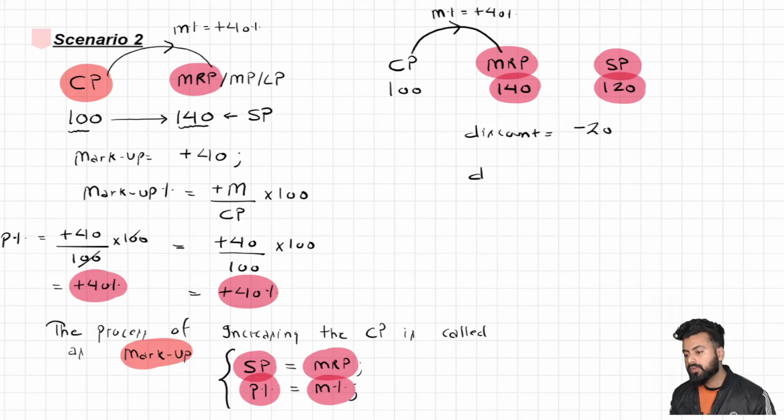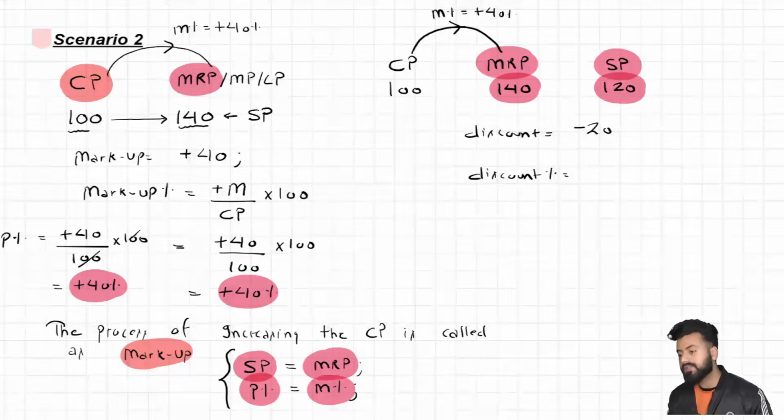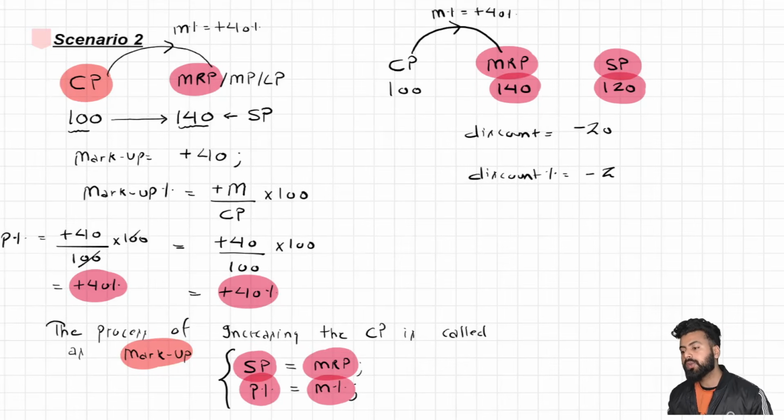But if I ask you to do the same calculation of discount in terms of percentage, you would say, sir, while calculating discount percent, obviously I'm going to write down the value of discount in numerator. And since discount is always applicable over MRP, so I'm going to write down the value of MRP in the denominator. And then you would multiply this fraction by 100.